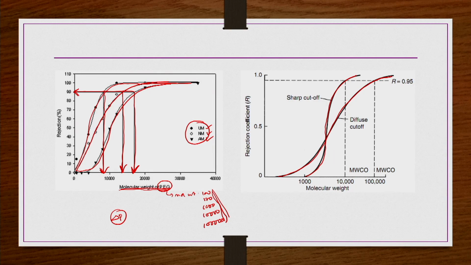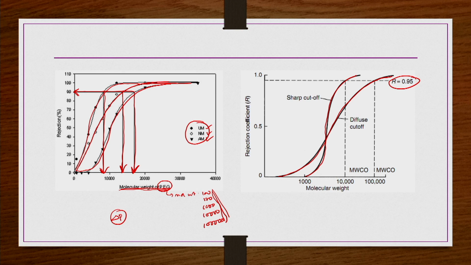Here we take 0.95 rejection or 95% rejection, right. So that depends actually. Okay, some people take 90%, some take 95%, some people even take 99% rejection to find out this molecular weight cutoff. That depends on their applications.